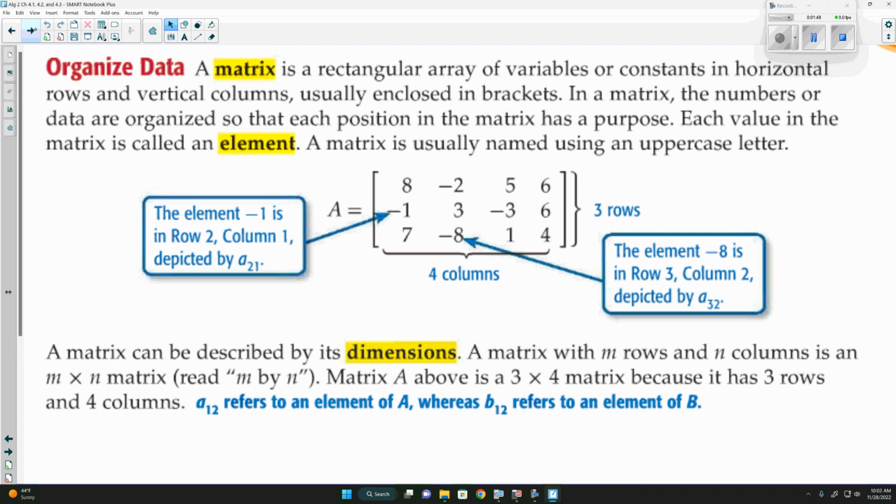One thing that's new is we actually have something called elements. Each number in the matrix is defined as an element, row by column. So for this here, as it's pointing to the -1, let's get an actual pen. The element -1 is in the second row, first column. So we define this as a21. Little a, the lowercase version of whatever the matrix is, talks about the elements.